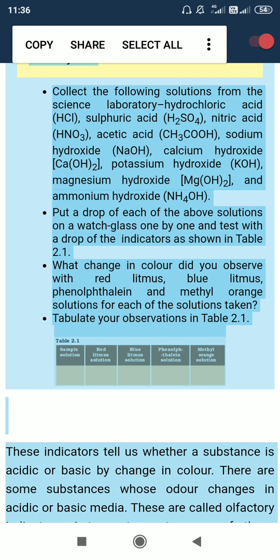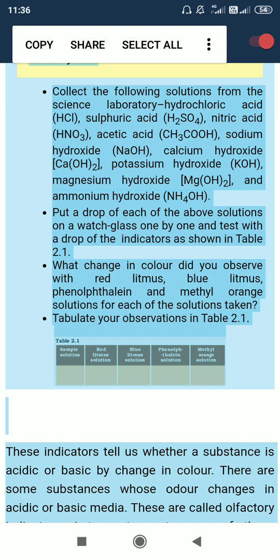After that, sodium hydroxide NaOH has an OH part, so that's why it is a base. Calcium hydroxide Ca(OH)2 also has two OH parts, so it is also a base.